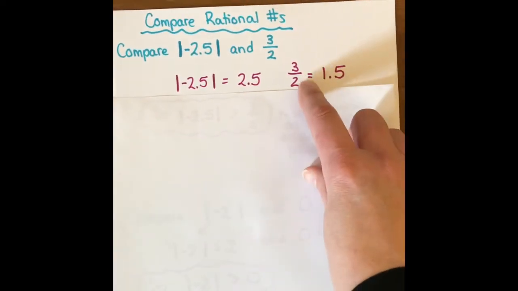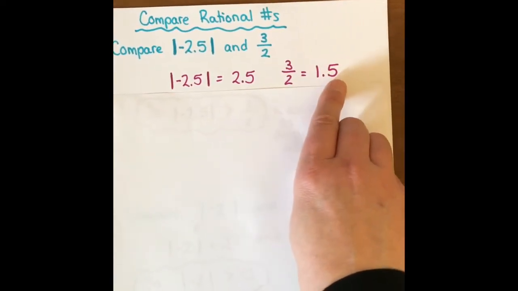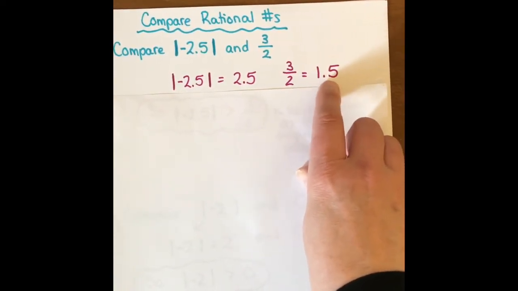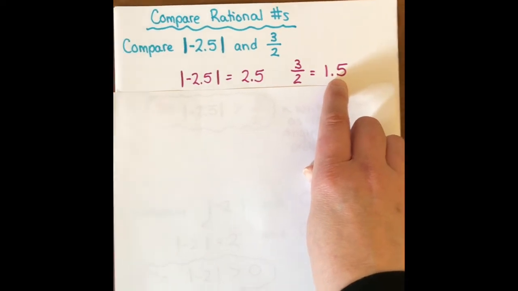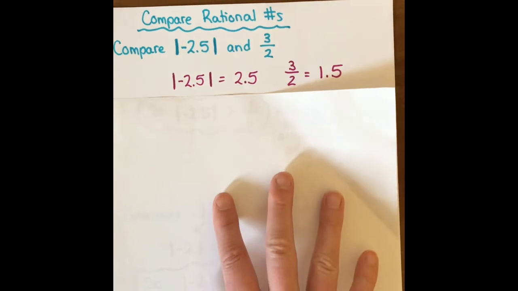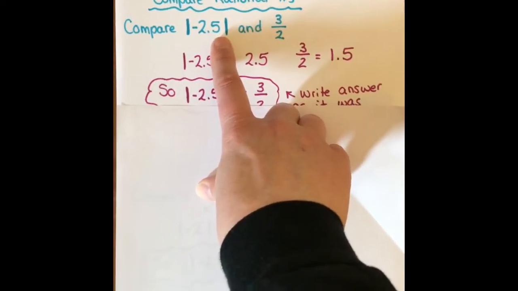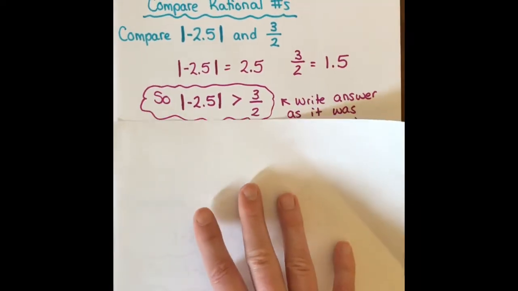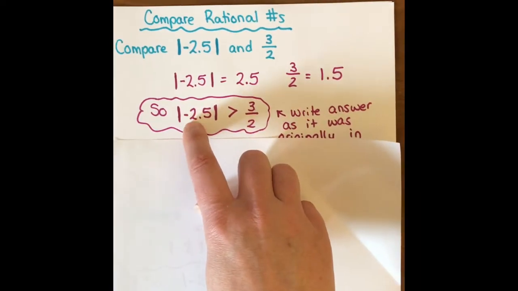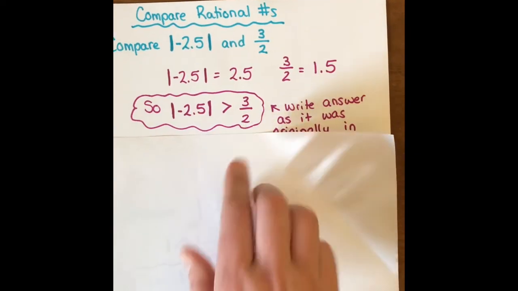And then what is 3/2 as a decimal, so we can compare decimals. So 3 divided by 2 is going to give you 1.5. So which one's bigger? 2.5 or 1.5? So the way that you have to write it is you have to go back to the original problem and rewrite it that way. So absolute value of -2.5 is greater than 3/2.